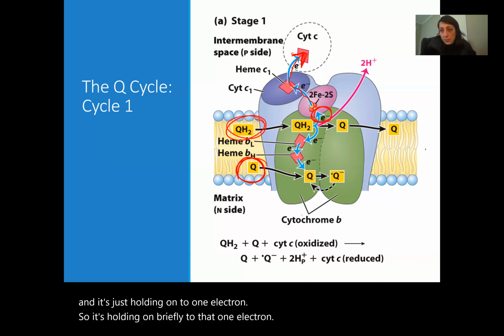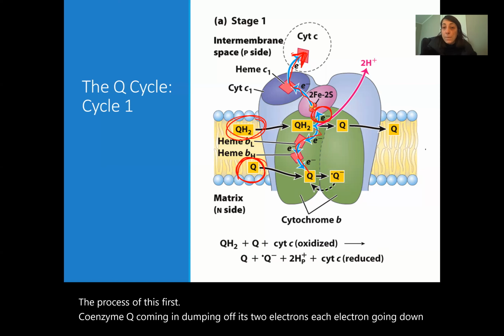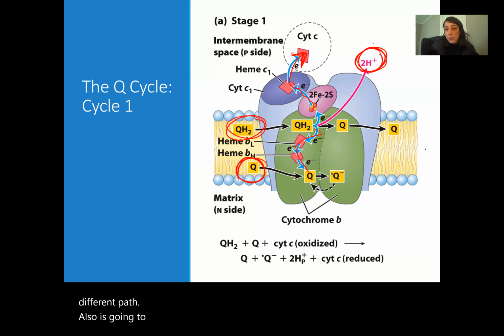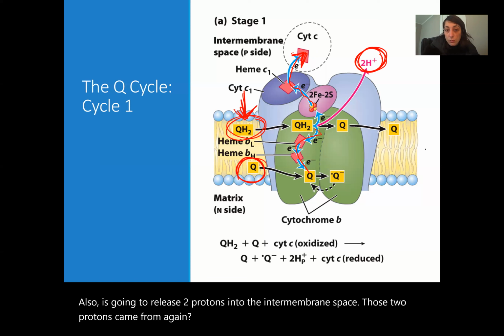The process of this first coenzyme Q coming in, dumping off its 2 electrons, each electron going down a different path, also is going to release 2 protons into the inner membrane space. Those 2 protons came from, again, our coenzyme Q.